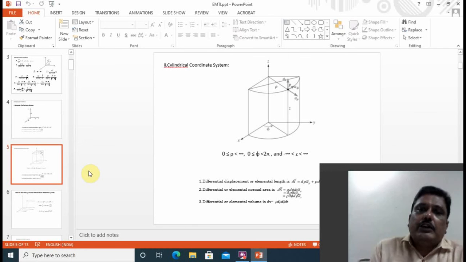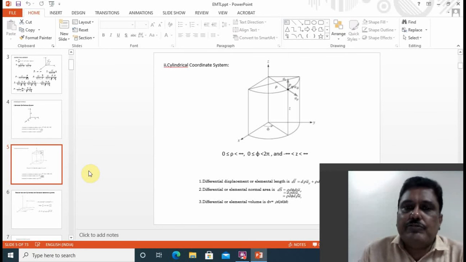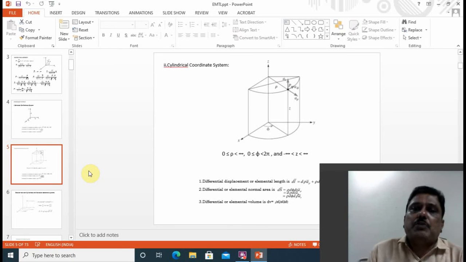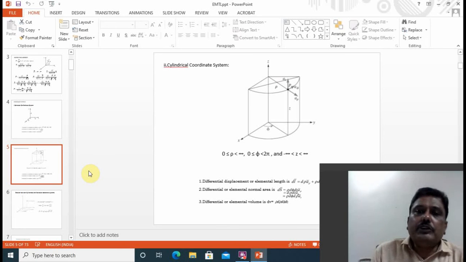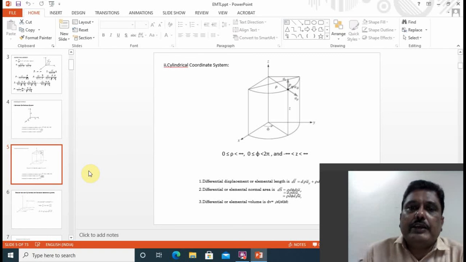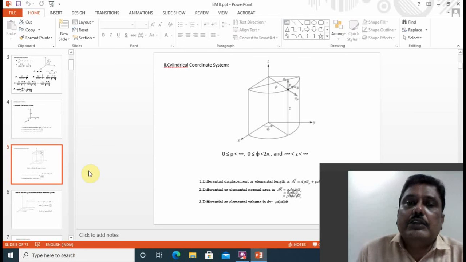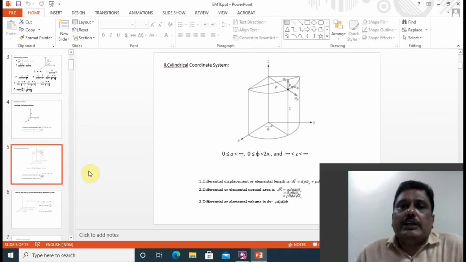And also we know that sine of a small angle is equal to the small angle itself. So let the small angle be d phi. When we take sine of d phi, in the figure, the elemental length along the phi axis is equal to rho into sine of d phi.